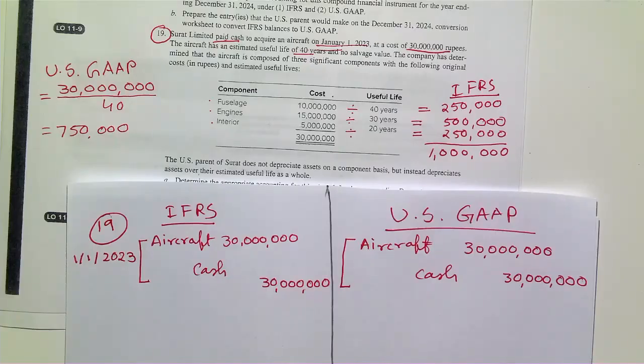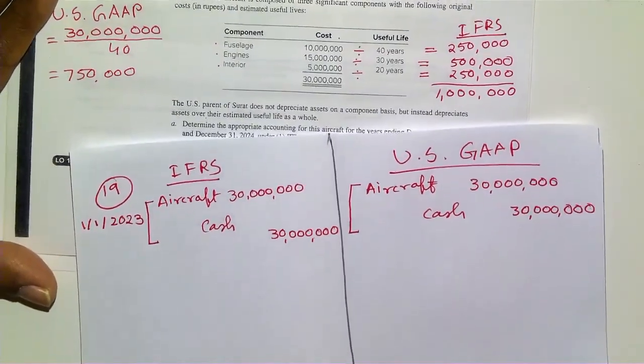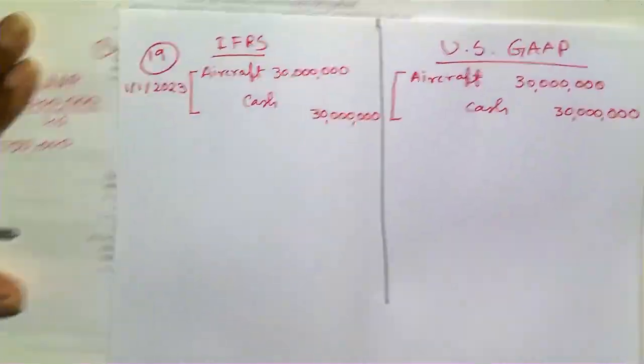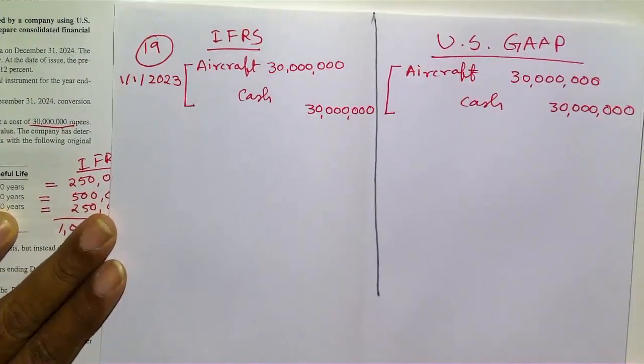Right, so let's do the journal entries. You're almost there, but if it's intangible assets, we sometimes directly reduce it. But most of the time we go through the accumulated depreciation account. So, of course, we subtract it from the asset on the balance sheet. It's a contra asset. Very good. Let's do the journal entries.